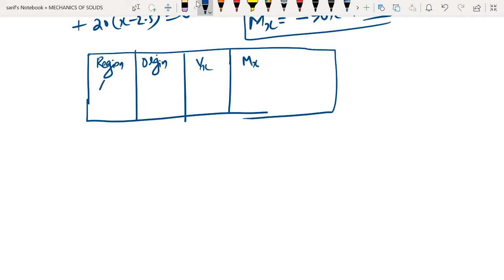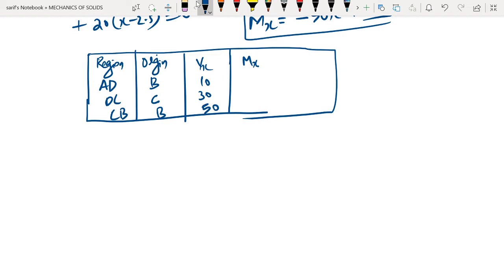So we have three regions. The first region is AD, the second region is DC, and the third region is CB. For AD, the origin was B, for DC, the origin was the point C, and for CB, the origin was the point B. Now the shear force values we got are 10 for the first, 30 for the second, and 50 for the third.